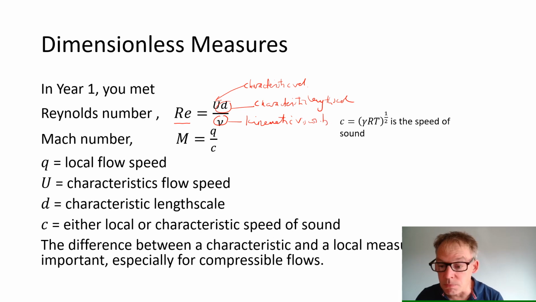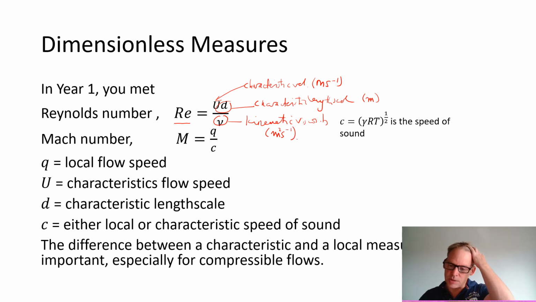Now, obviously we're using SI, so the velocity has dimensions meters per second, the length has dimensions meters, and kinematic viscosity meters squared per second. So the Reynolds number is a dimensionless measure, and it's a characteristic measure in the sense that there are in most flows lots of different Reynolds numbers.